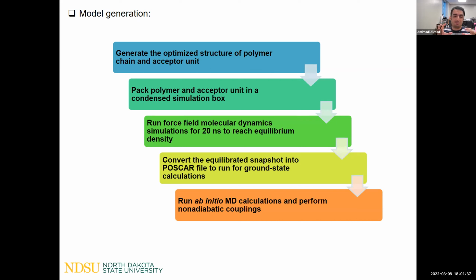For instance, I put 2 polymer chains first, because we need to have a 1-to-1 weight ratio, then calculate the needed weight for the acceptor unit and pack it there, then run the simulation for around 20 nanoseconds to get to the equilibrium position. I will come back again to your question, Dr. Killen, after that. And then we also convert the equilibrated snapshot at the end of the simulation to the POSCAR file.